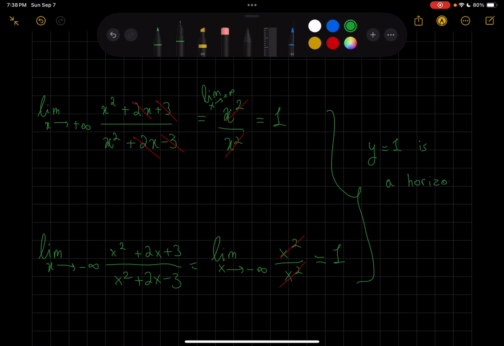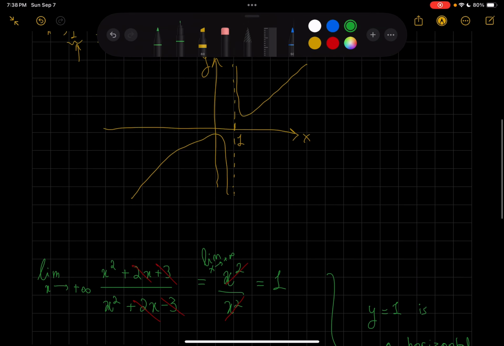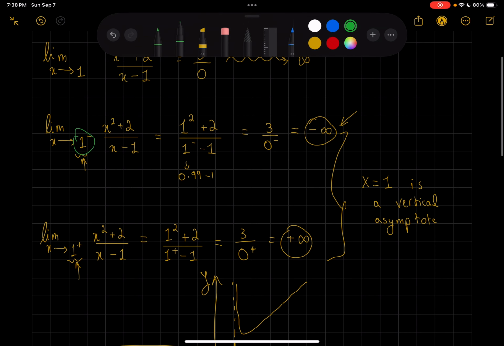I just want you to understand something. When we were talking about the vertical asymptote, x was the number, and the result was a vertical asymptote.